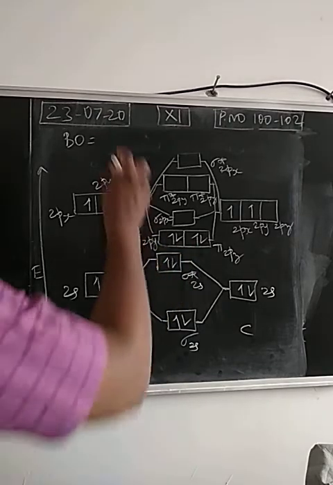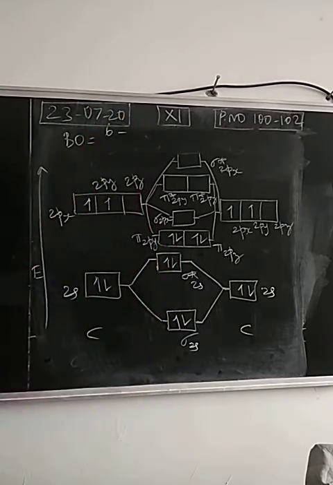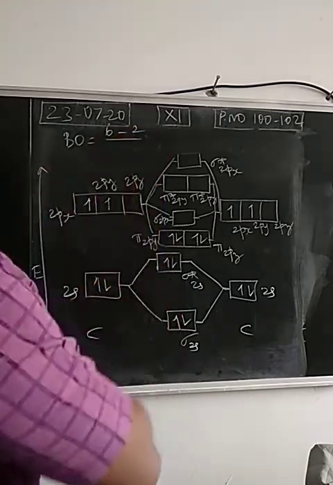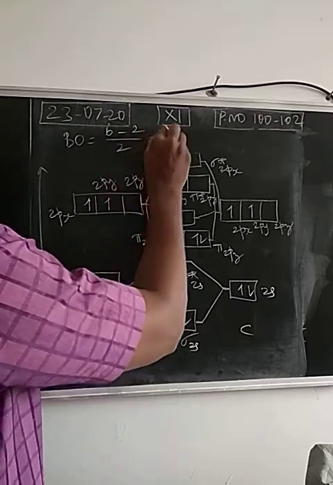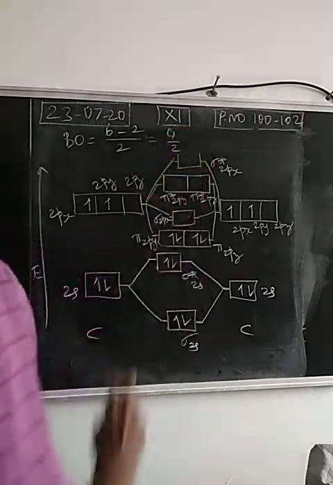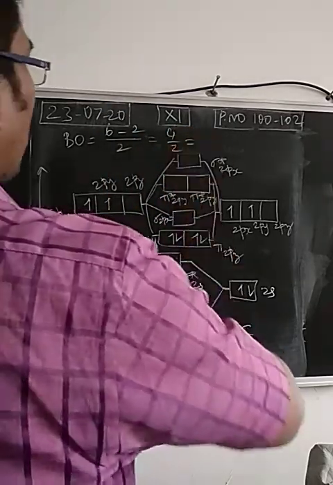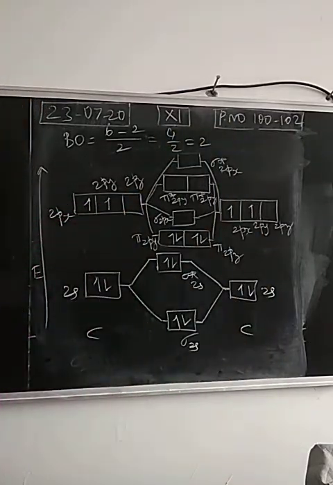Totally 6 electrons present in bonding molecular orbitals. Only 2 electrons present in anti-bonding molecular orbitals. So 6 minus 2 divided by 2. Bond order for the C2 molecule is 2. So there will be a double bond between the carbon atoms.